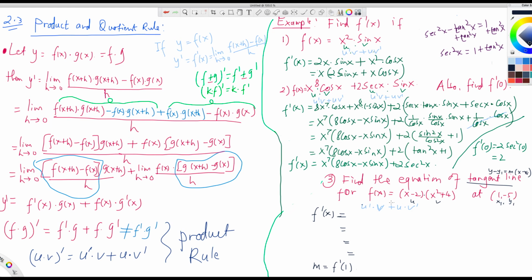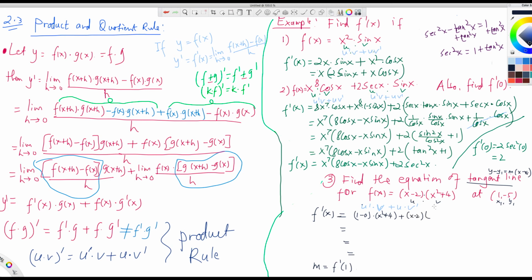The product rule: the derivative of u times v is u prime times v. U prime, the derivative of x minus 2, is 1 minus 0, times v, which is x squared plus 4.